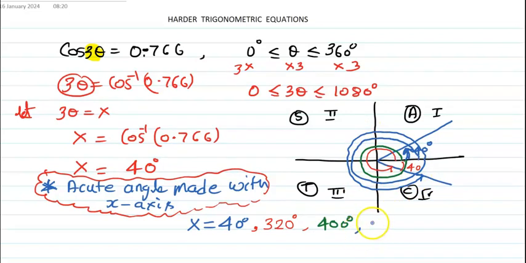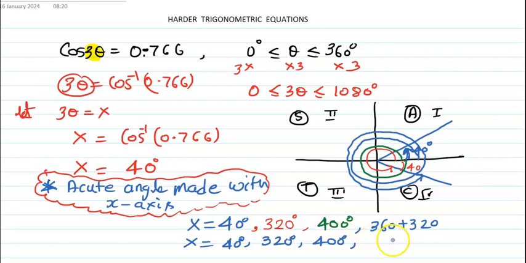So the next angle will be 360 plus 320. Is that okay? So our required angles are 40 degrees, 320 degrees, 400 degrees, and 360 plus 320, which should be 680. We need to take one more round because we need to go until 1080. So the next angle you can write down.